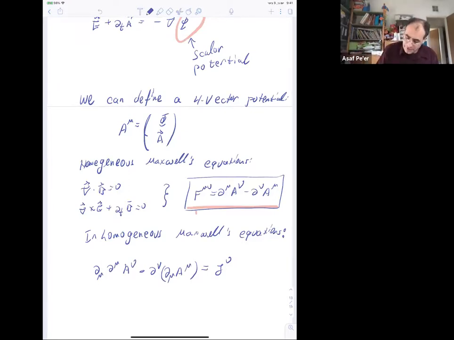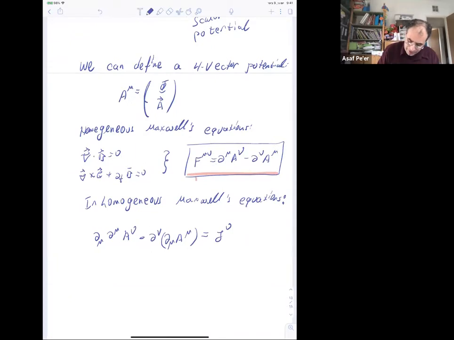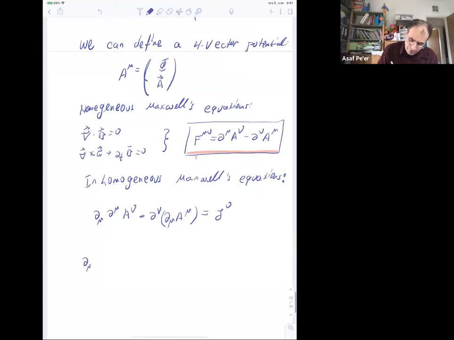First things first, we have an operator which looks like ∂_μ ∂^μ, one lower and one upper. What is written here is 1 over c squared ∂_t squared minus nabla squared.